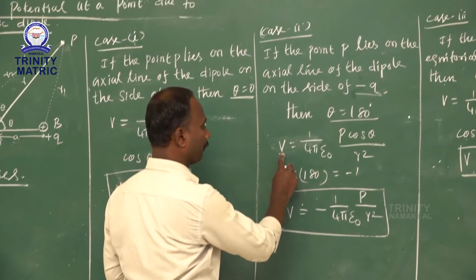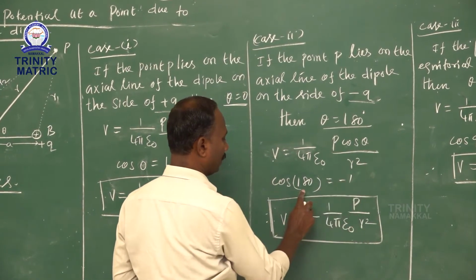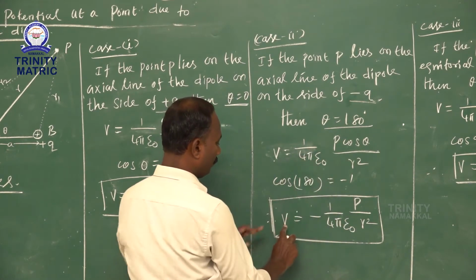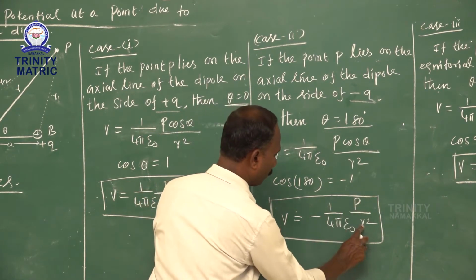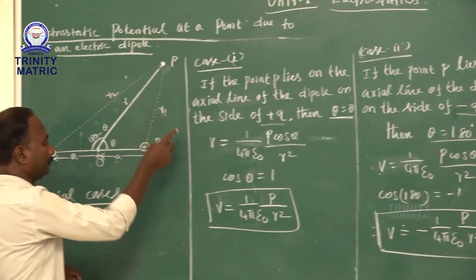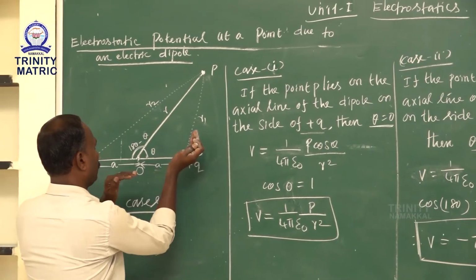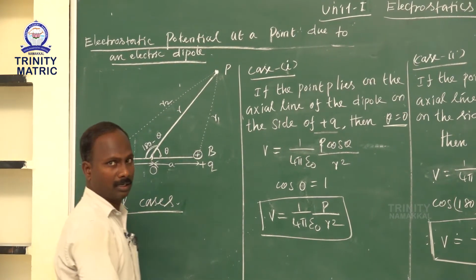You know the formula for V, 1 by 4 pi epsilon naught p cos theta by r square. Applying cos 180 is equal to minus 1, we get V is equal to minus 1 by 4 pi epsilon naught p by r square. So when P lies on the plus q side, we get positive potential; when P lies on the minus q side, we get negative potential.